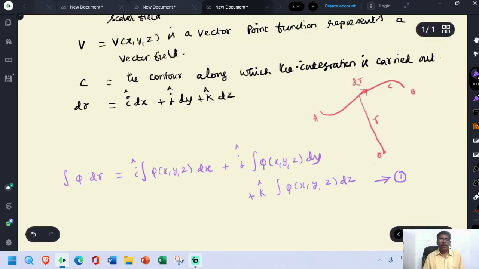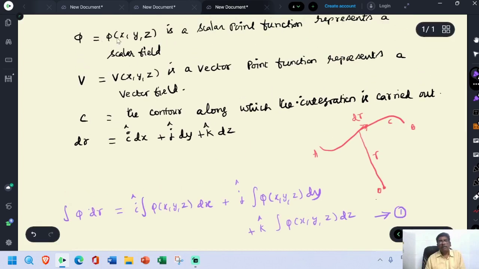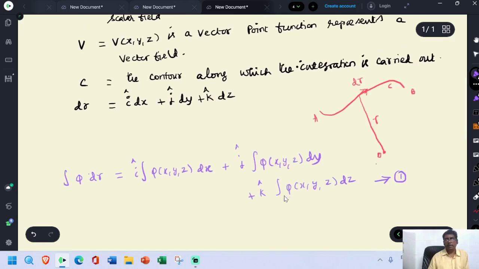Now see here, dr is equal to i into dx plus j into dy plus k into dz. Phi is a scalar function. Phi is a function of x, y, z. So integral of phi dr equal to i into integral phi of x, y, z dx plus j into phi of x, y, z dy plus k into phi of x, y, z dz.